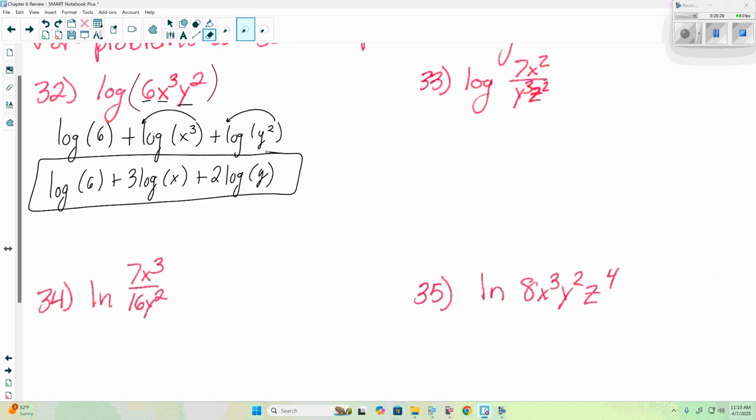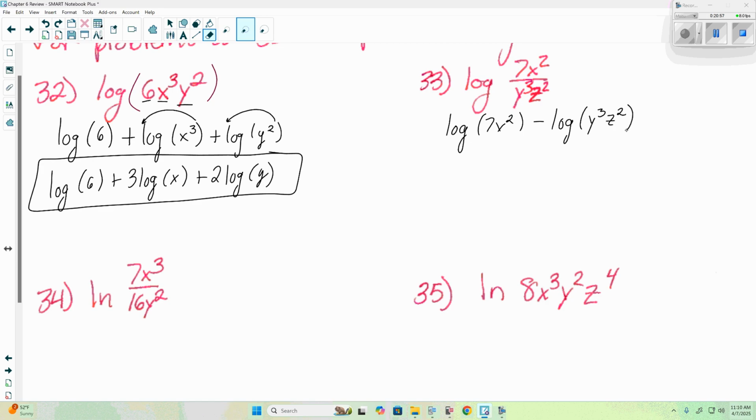Do we want to look at 33 or 34? 33. 33, log of 7x squared over y cubed z squared. So we have a rational expression, so our quotient is first. Our quotient says that we can rewrite this as log of the top minus log of the bottom.